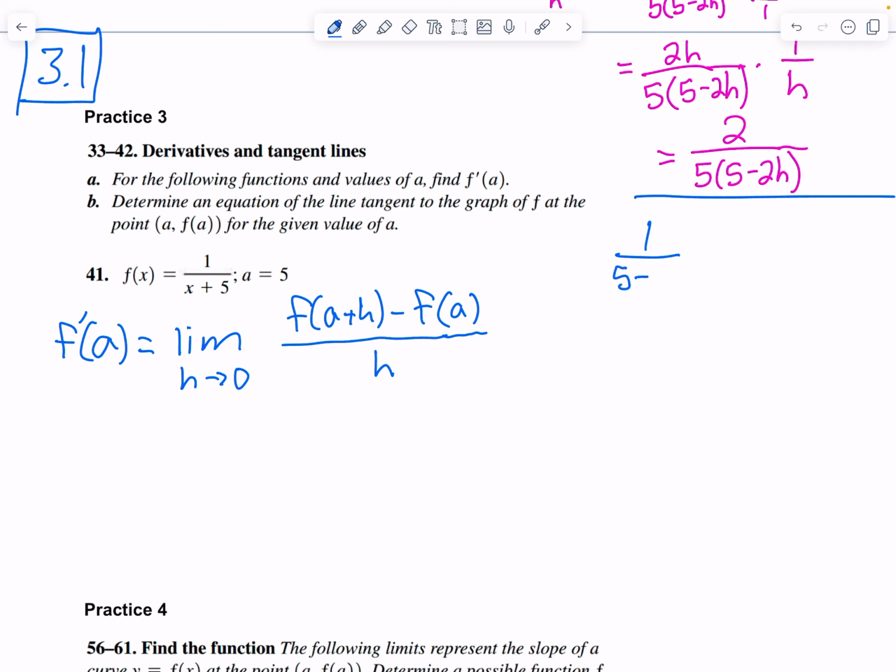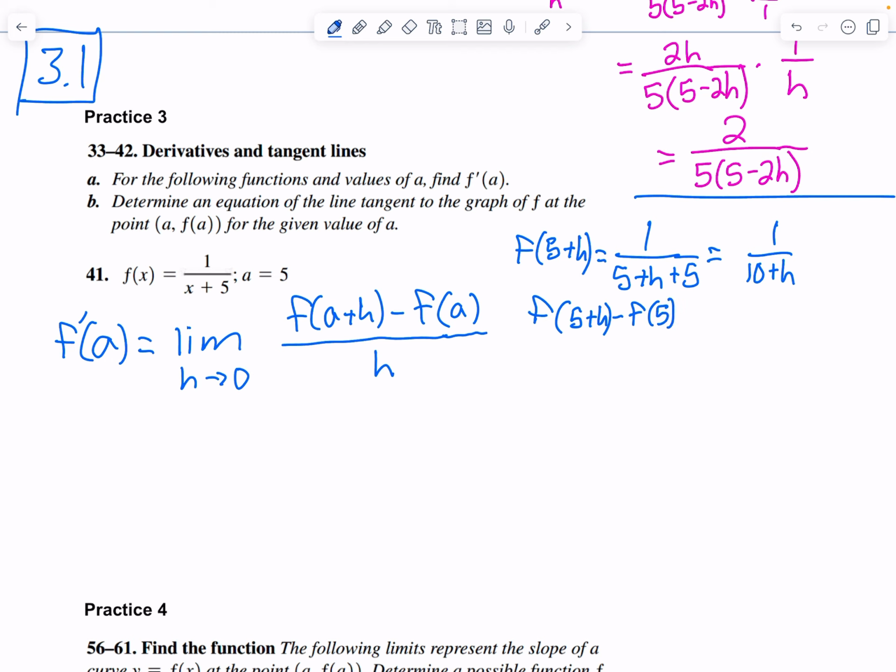So 1 over 5 plus h plus 5, that is f of 5 plus h, which is 1 over 10 plus h. Then remember we would need to find f of 5. We'll do f of 5 plus h minus f of 5, doing the top part now.